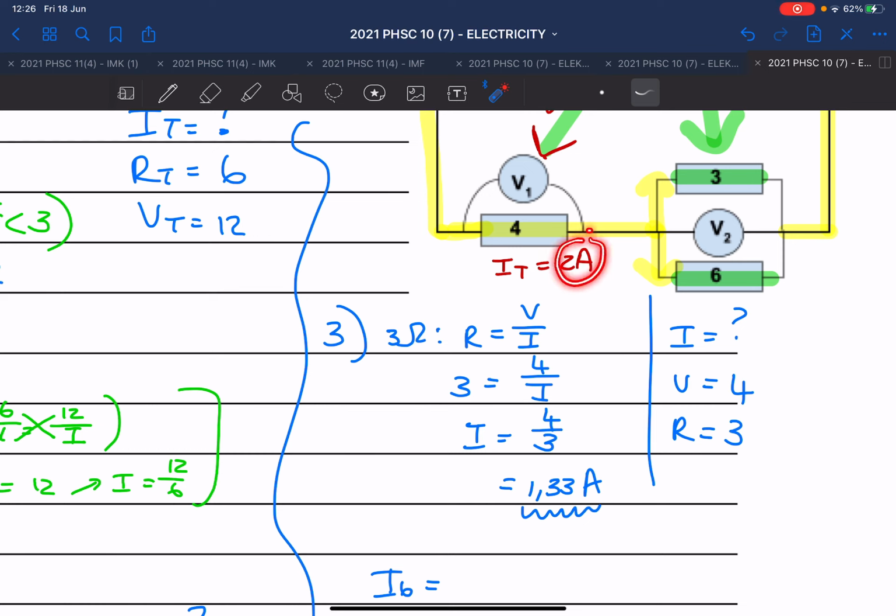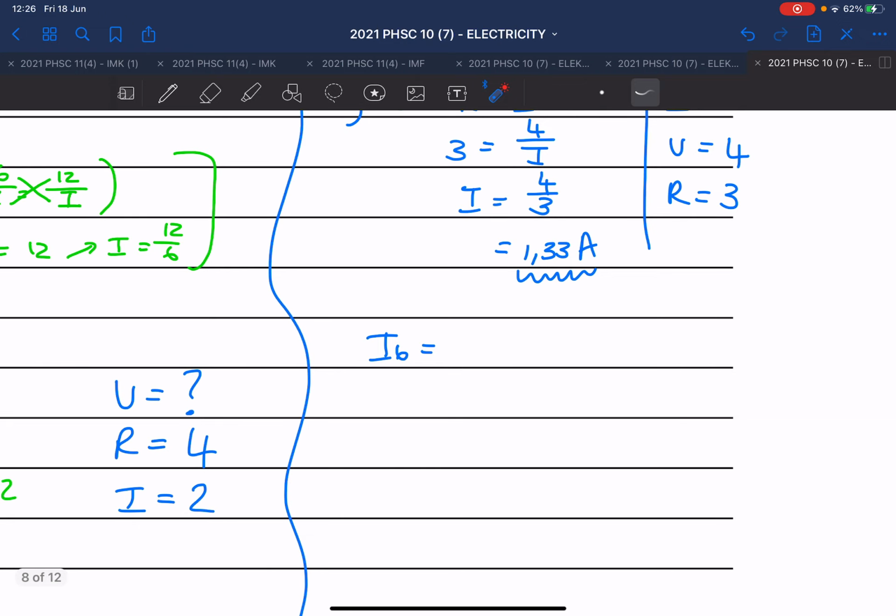You have 2 amperes that goes through there. 1.33 goes through there. So of the 2, 1.33 goes there. How much is left to go through there? You have 2 minus 1.33. That is 0.67 amperes.